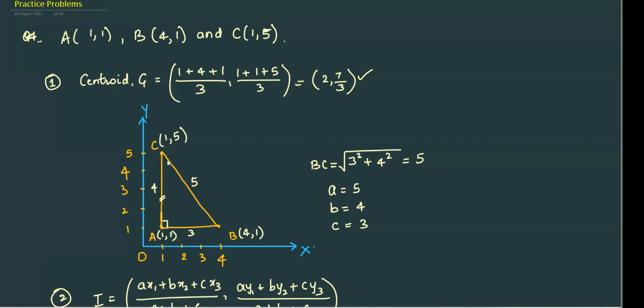Now, if you look from CA's point of view, consider this as the side. What is the altitude from B? We drop a perpendicular, so this is another altitude.